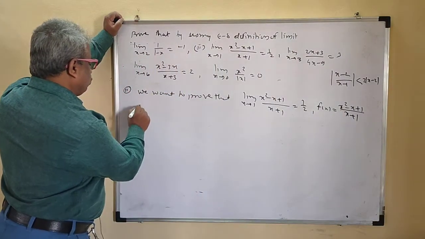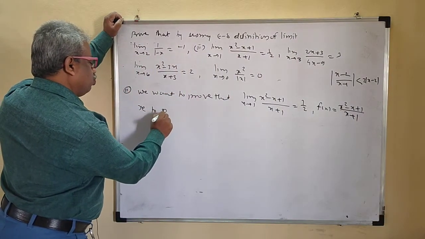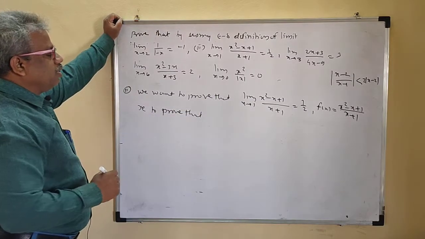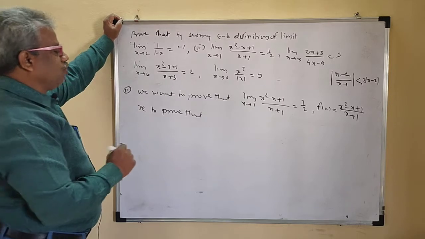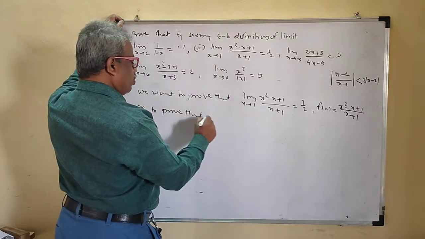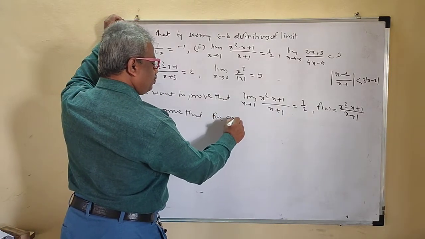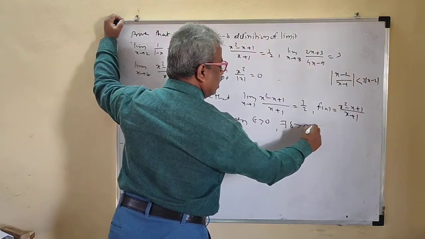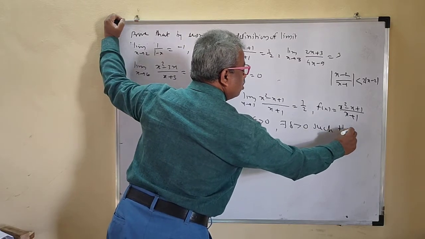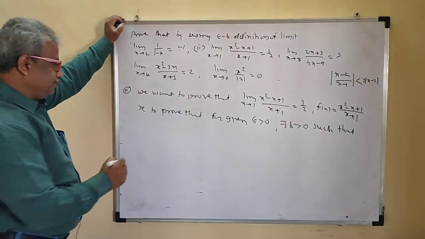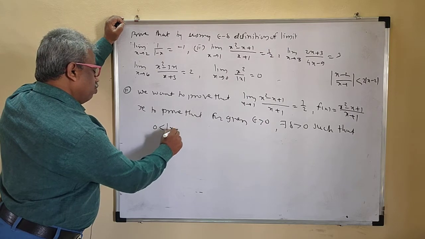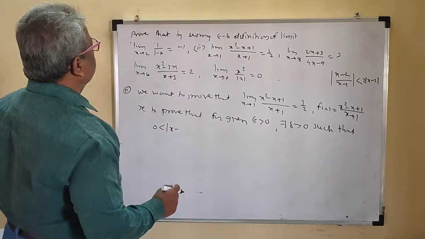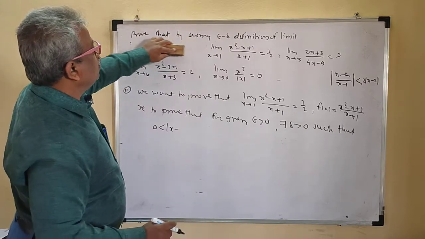Whether it says prove that or show that, we want to prove that for given epsilon greater than 0, there exists delta greater than 0 such that 0 less than mod of x minus. So we are taking the second problem.